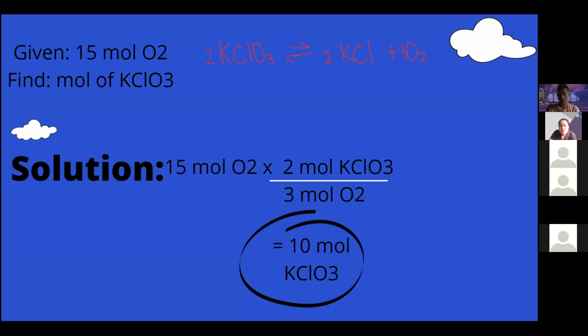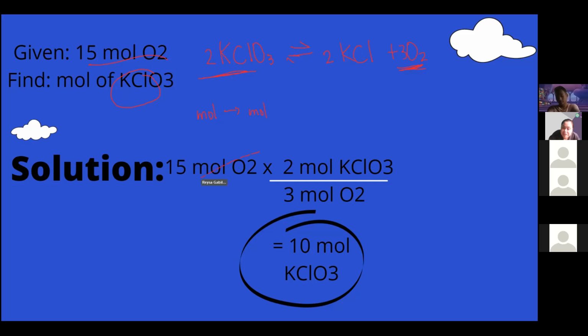Now, the question is how many moles of potassium chlorate is needed para makaproduce tayo ng 15 moles ng oxygen. So moles to moles pa rin, which means we only need to multiply the moles to the mole ratio. So our mole ratio here is 3 moles of oxygen ang mapuproduce kung meron kang 2 moles of potassium chlorate.